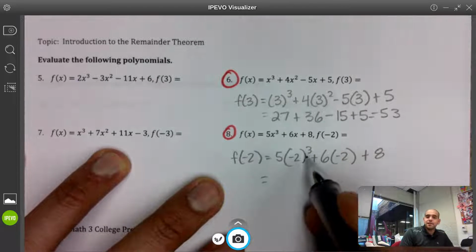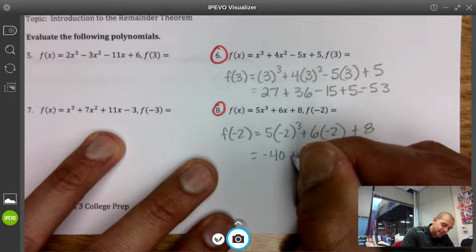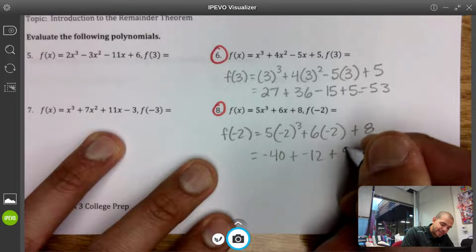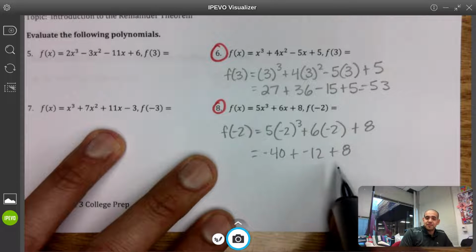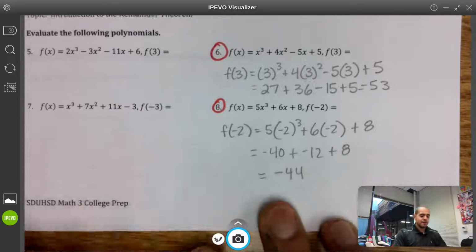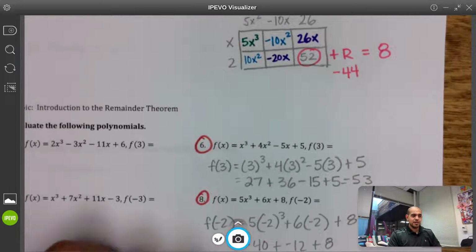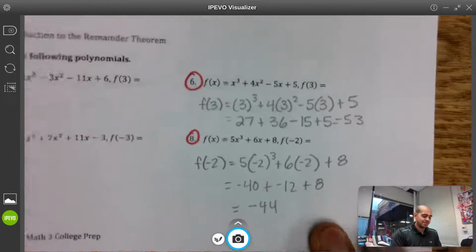So negative 2 to the third power is negative 8 times 5 is negative 40 plus negative 12 plus 8. When I add these two, it's negative 52 plus 8 is negative 44. Huh. Notice there's a connection here. Hopefully you can make that connection with the other two.